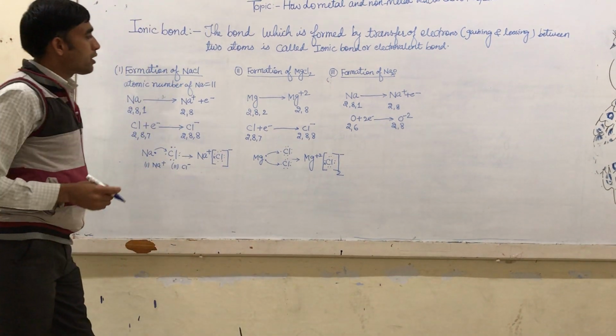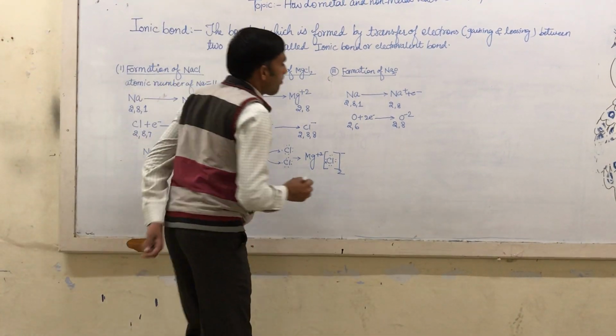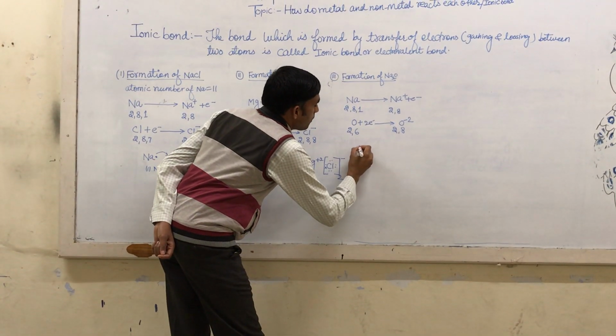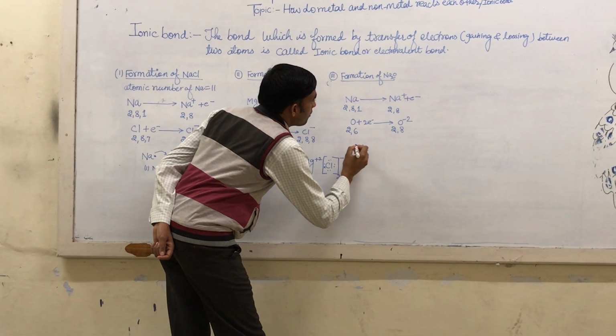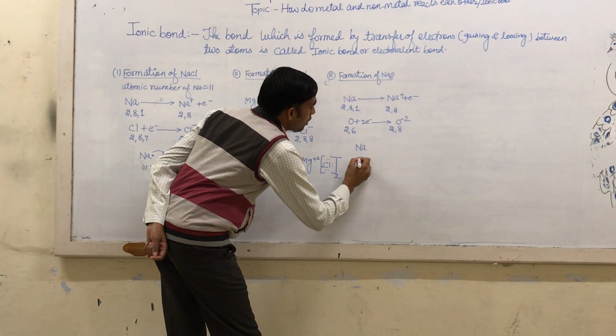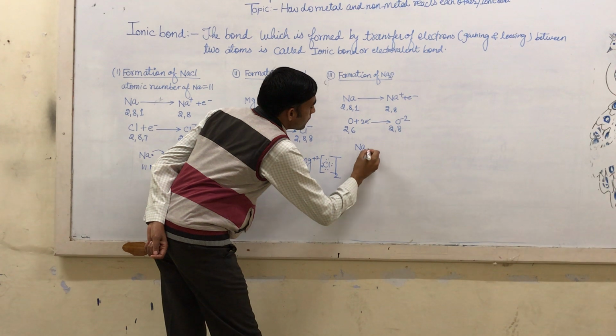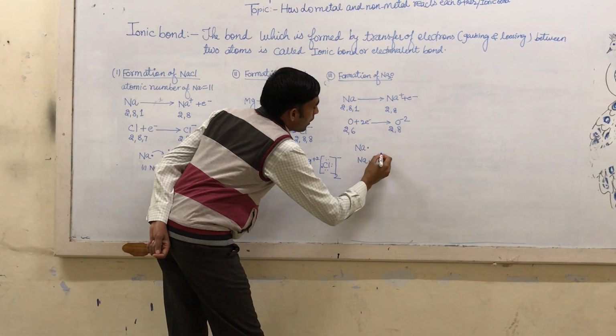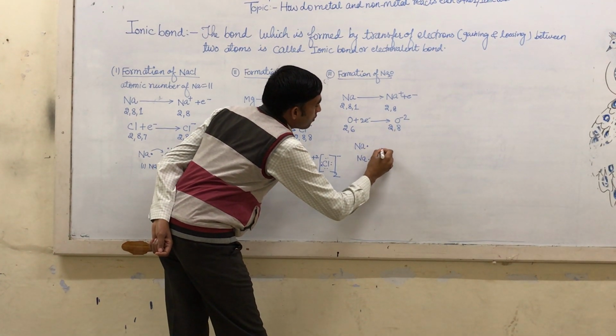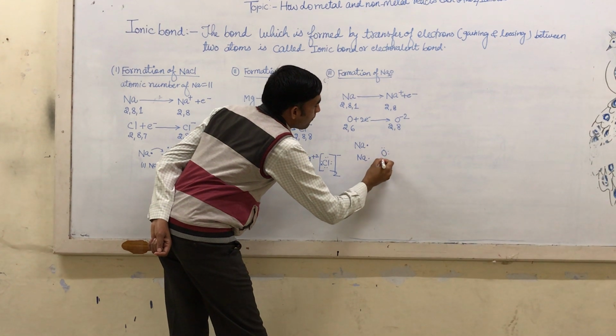These ions are opposite and come in contact like this. Sodium has 1 valence electron, and here 2 sodium atoms are there, and oxygen has 6 valence electrons.